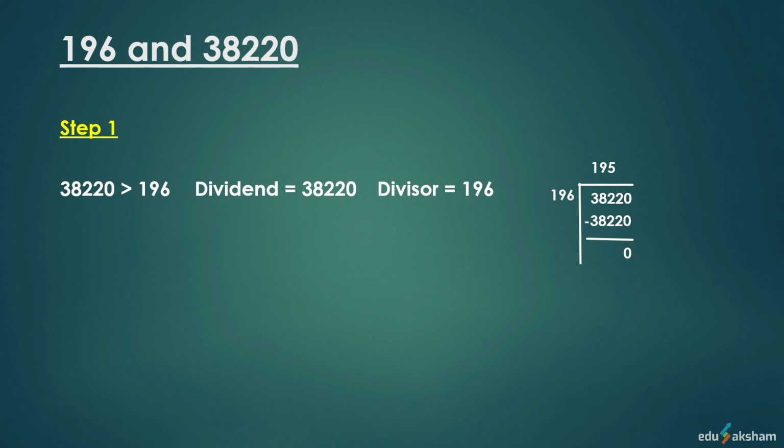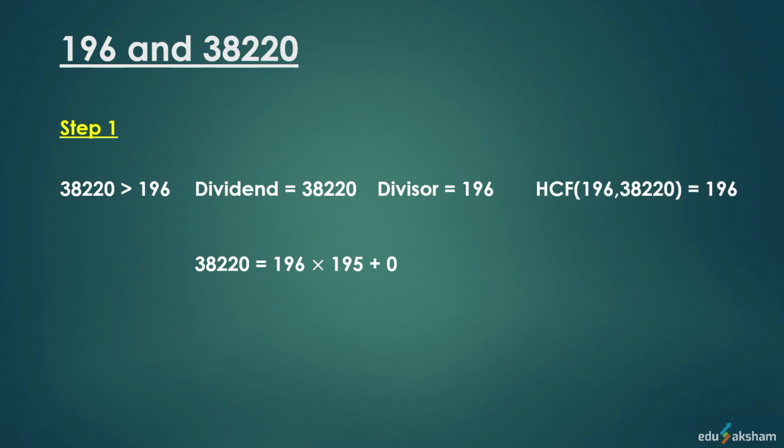Therefore, 38,220 can be represented as 196 times 195 plus 0. Since the remainder is 0 in the first step itself, we don't need to move further, which means 196 divides 38,220 exactly. Therefore, we have the required answer, that the HCF of 196 and 38,220 is 196.